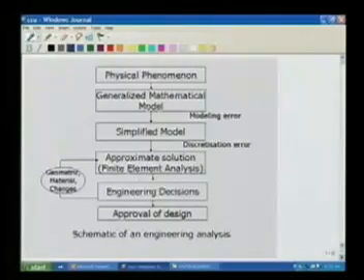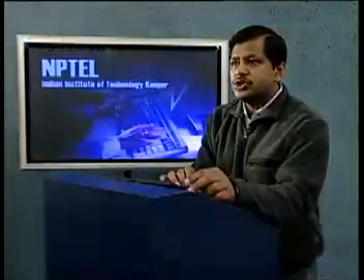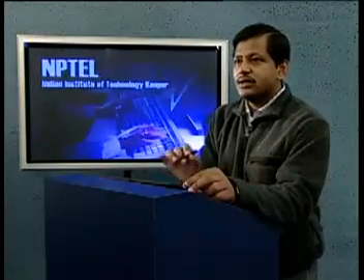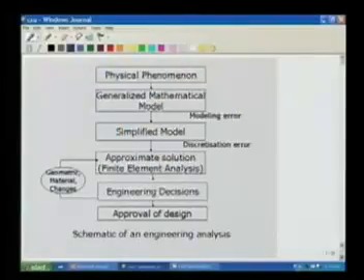So this is an iterative process, and the solution obtained using a finite element analysis at every step of the design process gives us the response quantities that we are looking for, so that I can make my engineering decisions.